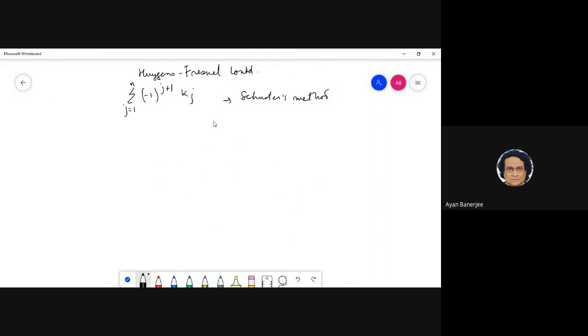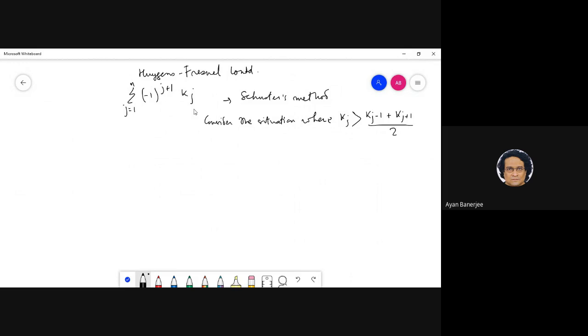The situation that you consider is where any kj is greater than the arithmetic mean of the number that is just before it and the number that is just after it. Okay, I considered this situation.